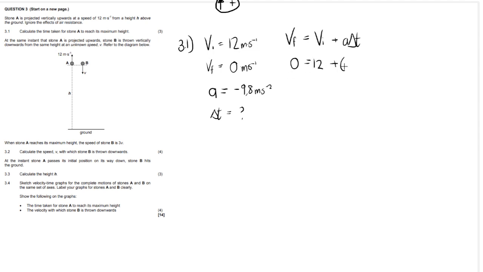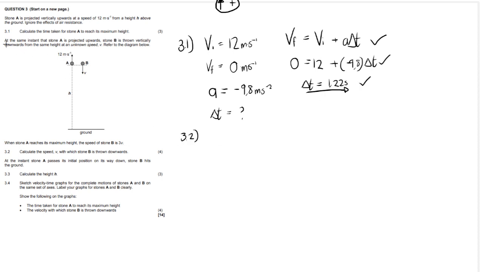Our acceleration is negative 9.8 because gravity is working downwards. And then our change in time is the unknown. And 0 minus 12 divided by negative 9.8 gives us a change in time of 1.22 seconds. Easy 3 marks. Formula, substitution, answer.